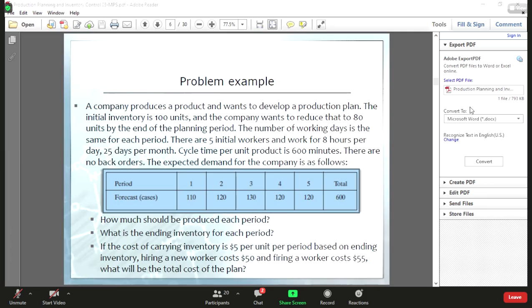Initial worker is 5. Hours per day. Is 600. And then the cost of carrying inventory.